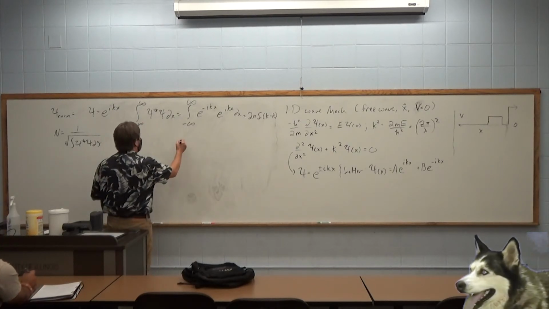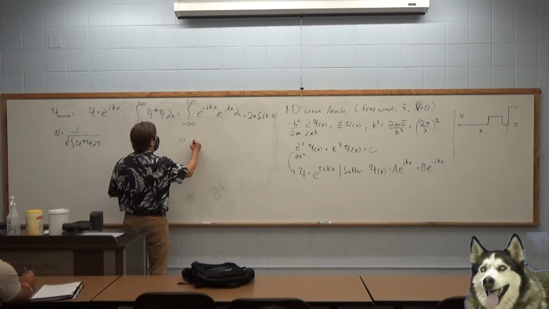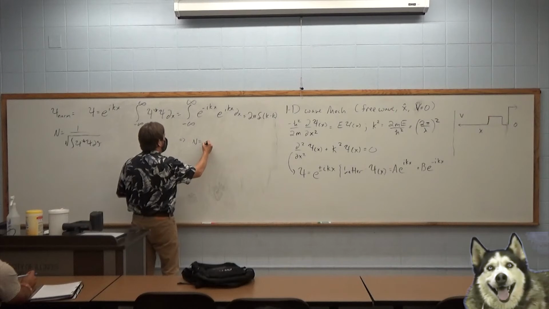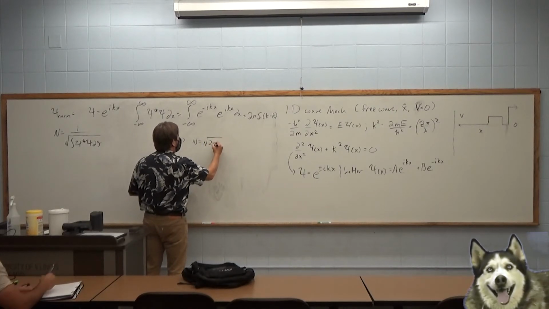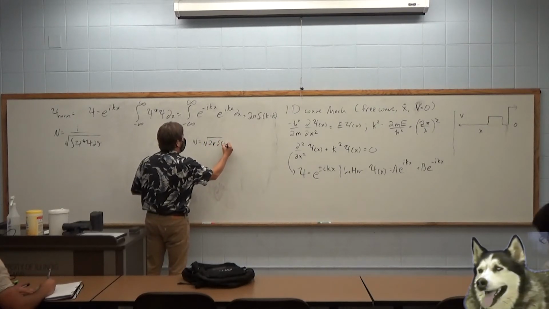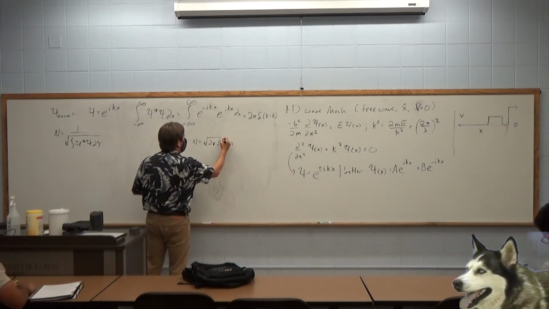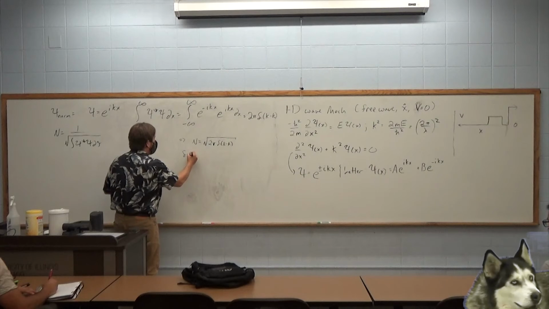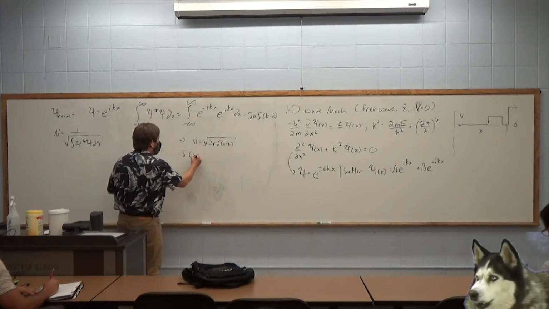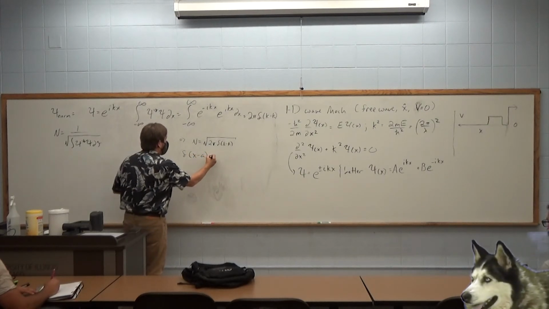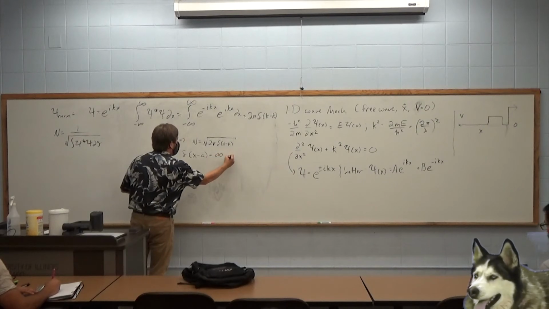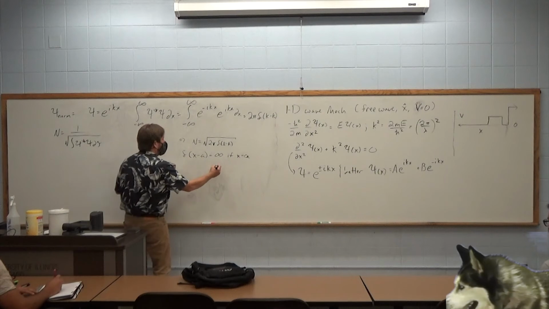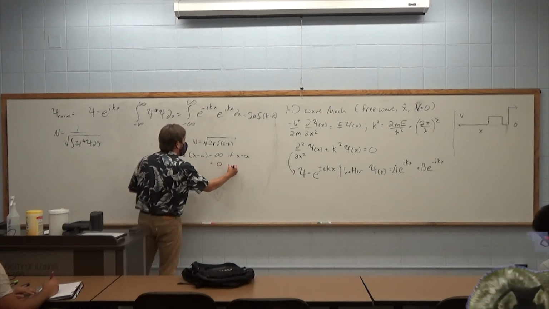I don't think this is really correct. So therefore, the normalization, it's the square root of all this. And now you folks know that a Kronecker delta, right? This is covered in your homework. We're going to do this a lot.